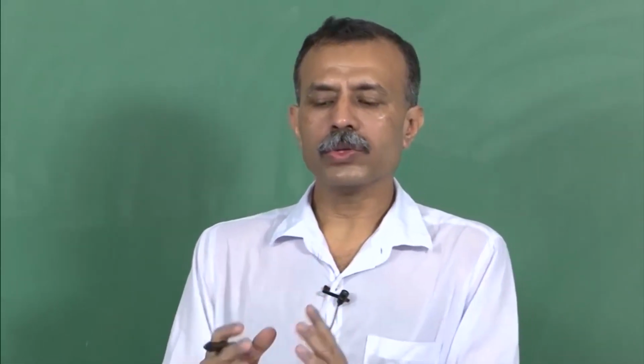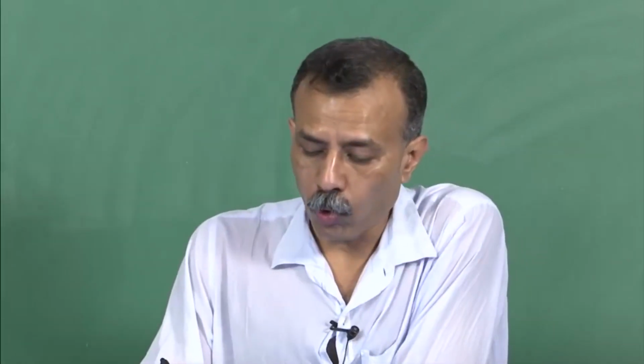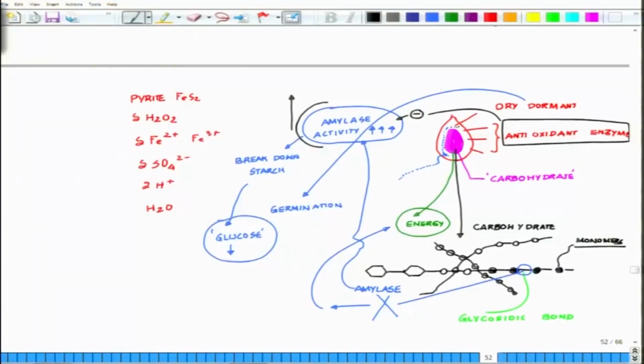This is how nature maintains the balance, but the very moment water comes and starts activating this zone, the amylase gets into play. But now, this is all fine, so far so good. Then, what makes the presence of pyrite so very important?